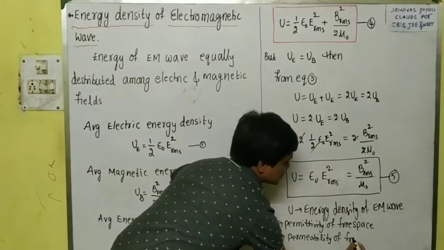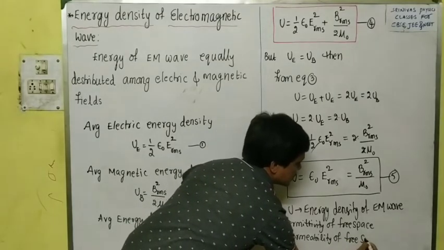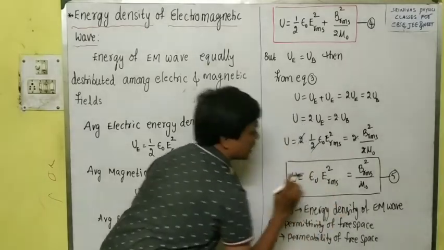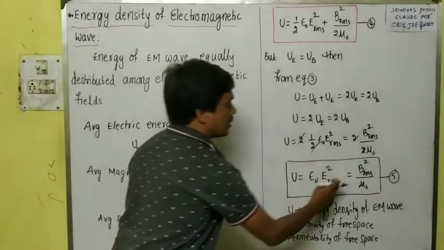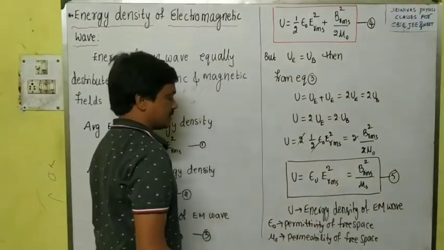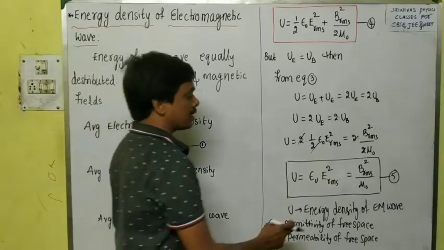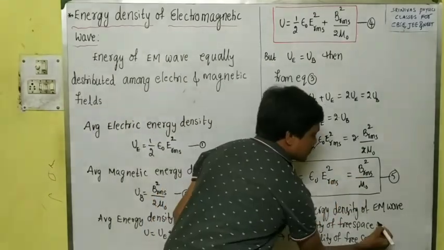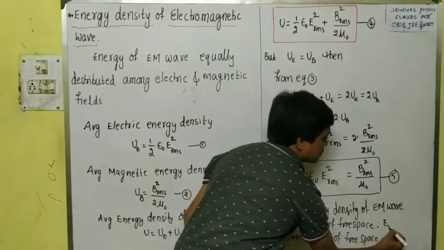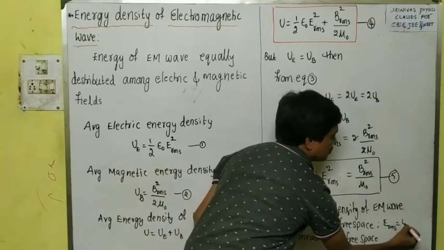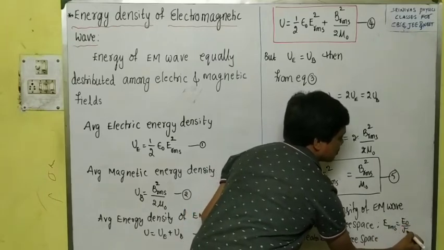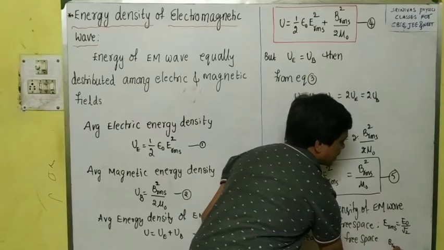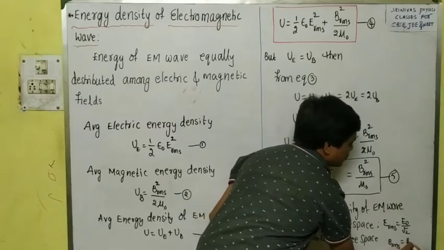What is E RMS? RMS electric field intensity, and B RMS is the RMS magnetic field intensity, the magnetic induction. Then E RMS we write as E naught by root 2, and B RMS is equal to B naught by root 2.